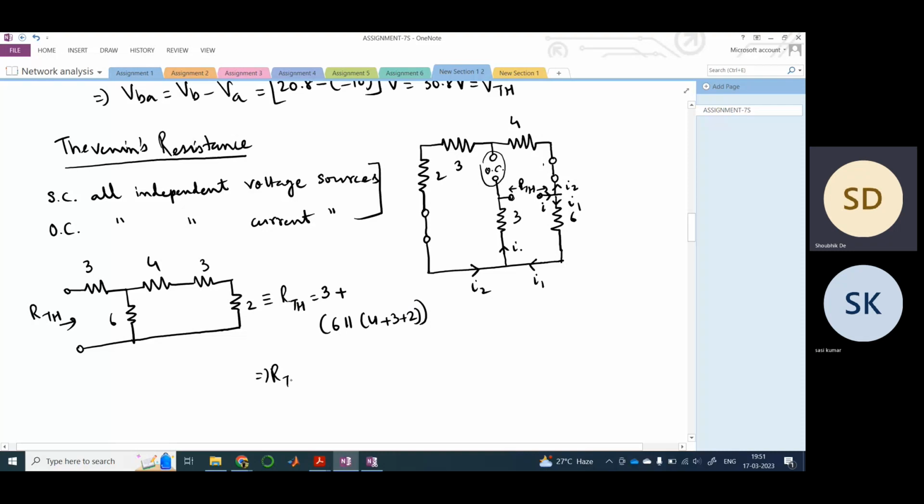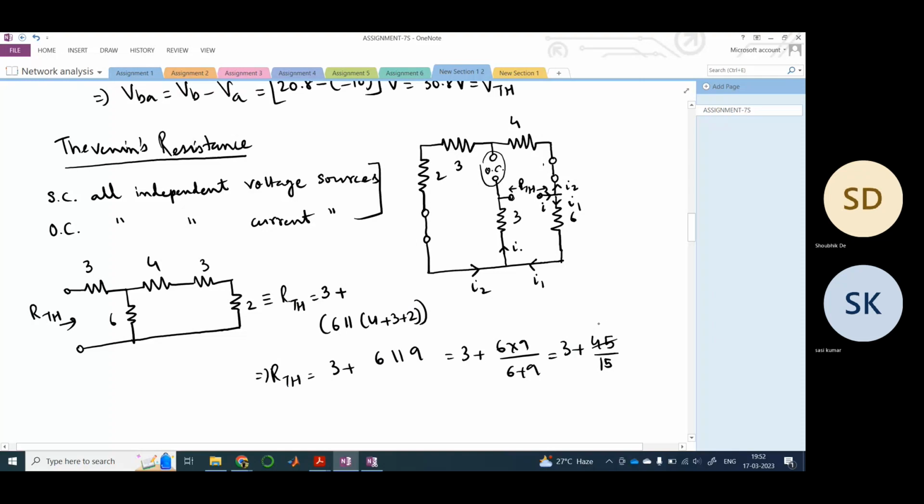So therefore, what would be your RTH? This would be 6 plus 6 parallel to 9. Therefore, 6 into 9 over 6 plus 9. So 45 divided by 50. So therefore, this is what, 15, right? Sorry, this should be 54, and this would be 54.